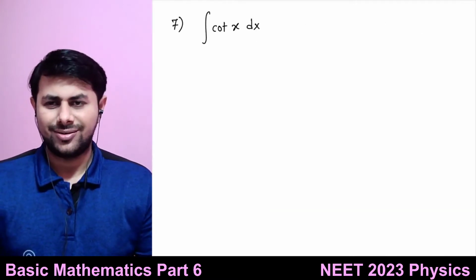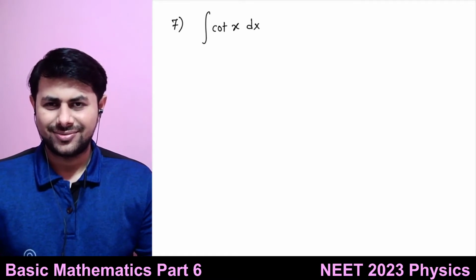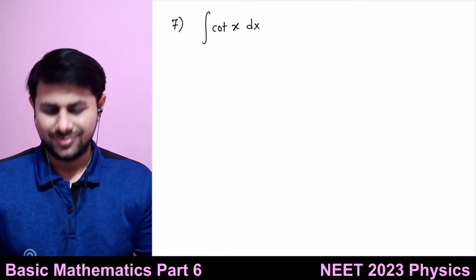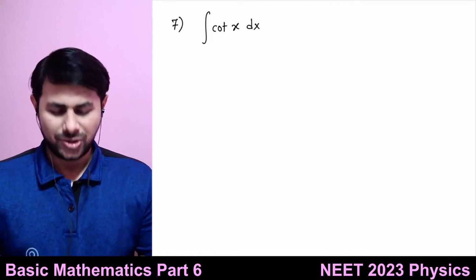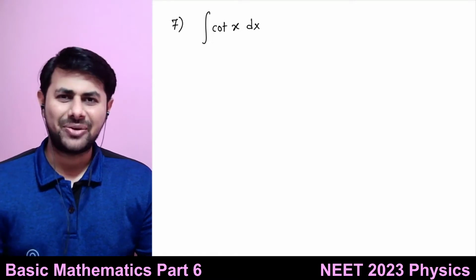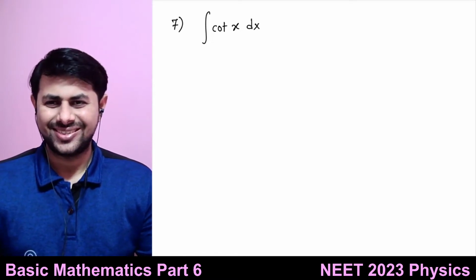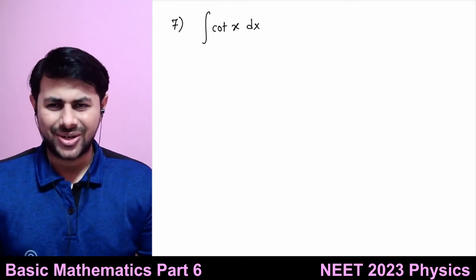This one, cot x dx. Anybody can say, what should we do? I want to integrate this cot x dx. I know the derivative of cot x. What is that, by the way? Derivative of cot x?